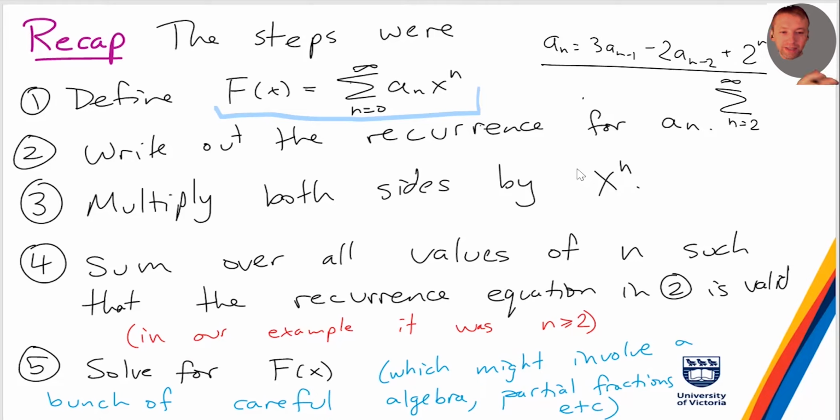Basically you write everything as much as you can in terms of f of x, you solve for f of x, and then you do a lot of algebra, partial fractions, and try to recognize the things that we know how to represent. So, canceling, partial fractions, and so on. Okay, so this is a general recipe for how to solve these second order linear non-homogeneous recurrence relations.